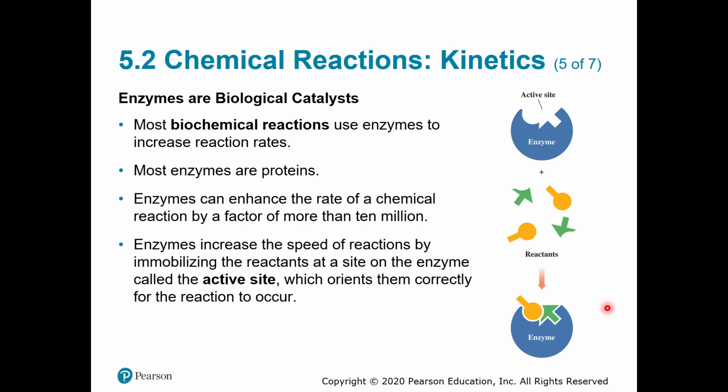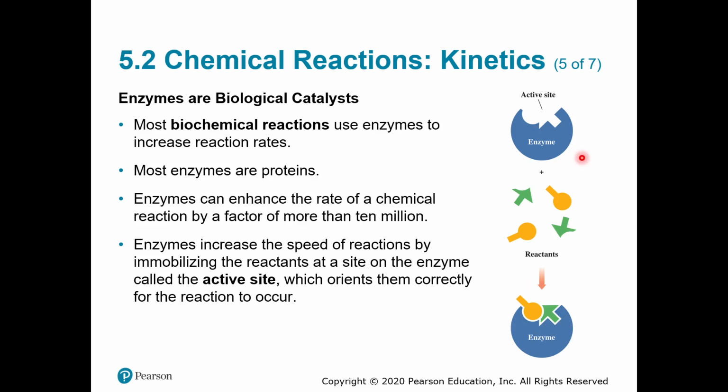And if you can orient everything the correct orientation and they end up hitting each other more often, you speed up reactions, don't you? And so that's how most enzymes work. It's also why the reactants are called substrates when you're talking about enzymes, because they actually have to bind to the enzyme first.